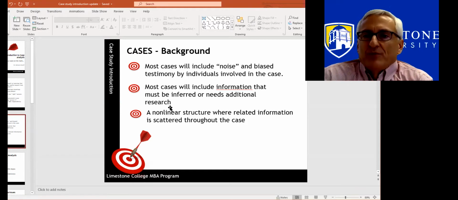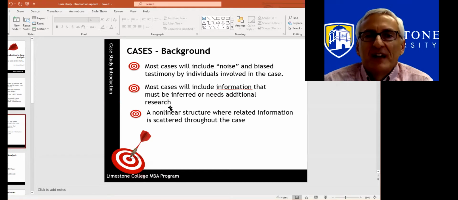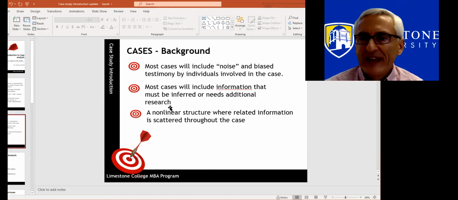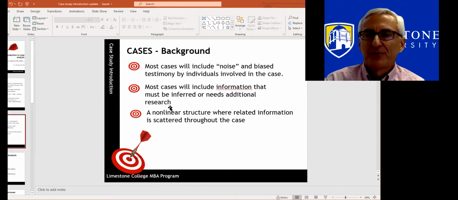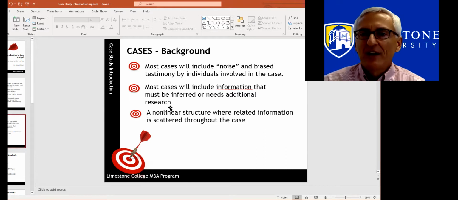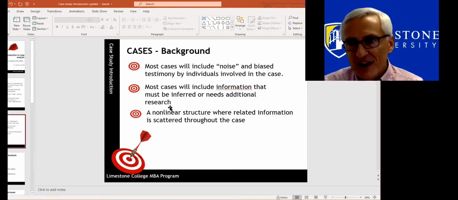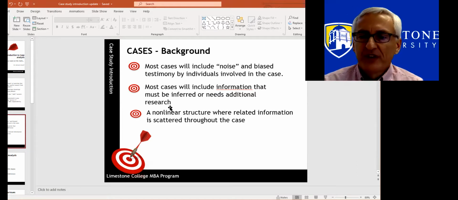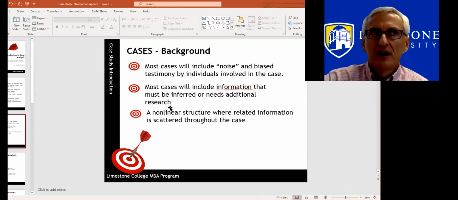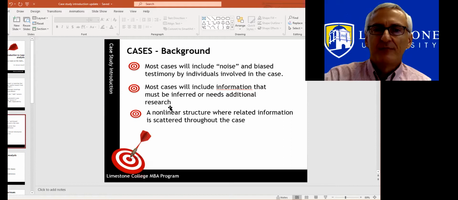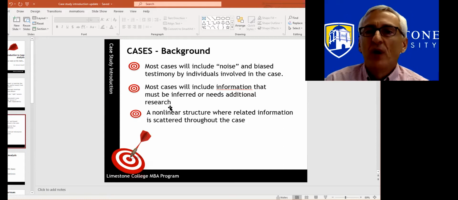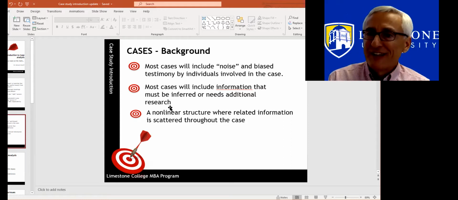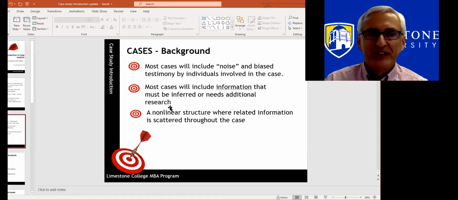If you have a problem with the company that you work for, there are a lot of opinions, both on what the problem is and what the possible solutions are. Many are valid and many are not. It's really up to you, whether it's your company or in the case study, to determine what you feel are the relevant facts and present those, and what you feel are irrelevant facts and leave those out.